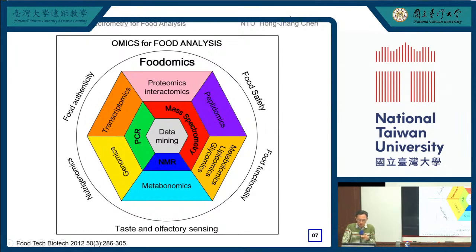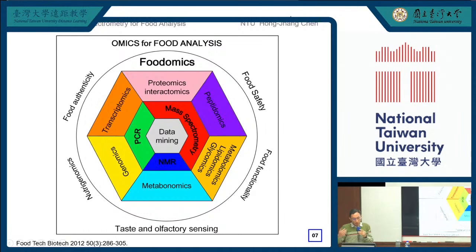For NMR, they can use metabolomics to detect taste and olfactory sensing. If you want to do nutrigenomics, they use PCR to do the genomics. But we can see that mass spectrometry is a powerful technique to detect proteomics, peptidomics, metabolomics, and even lipidomics, glycomics, any omics.